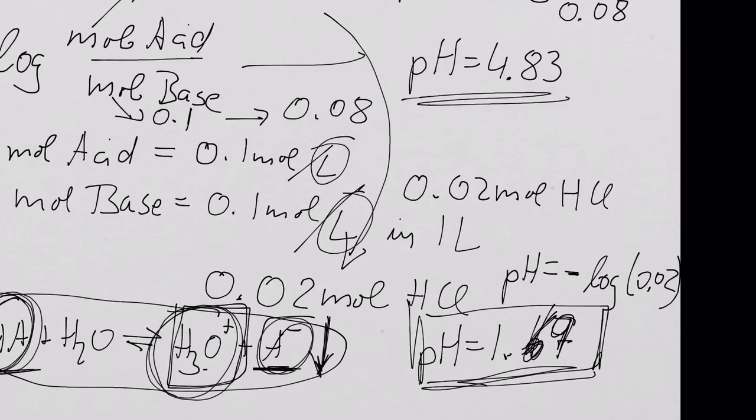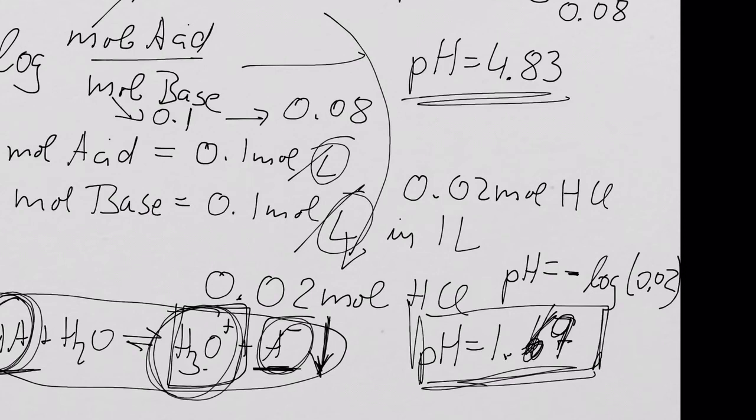Do you see actually what happened here? If we add our hydrochloric acid just to pure water, the pH would be 1.7. If we add the same amount of hydrochloric acid to our buffer system, the pH would only go down from 5 to 4.83.